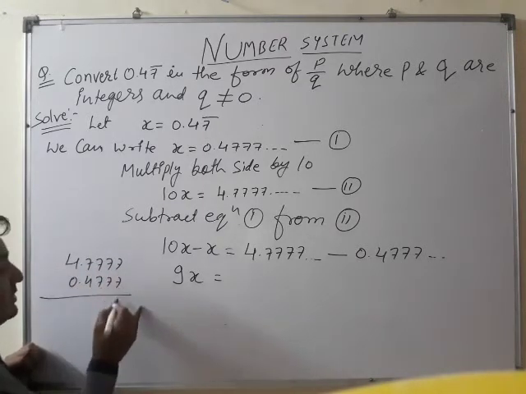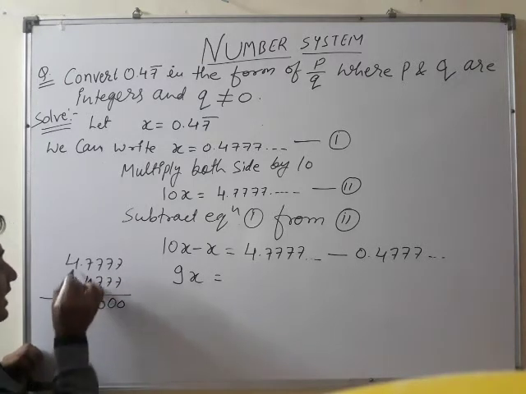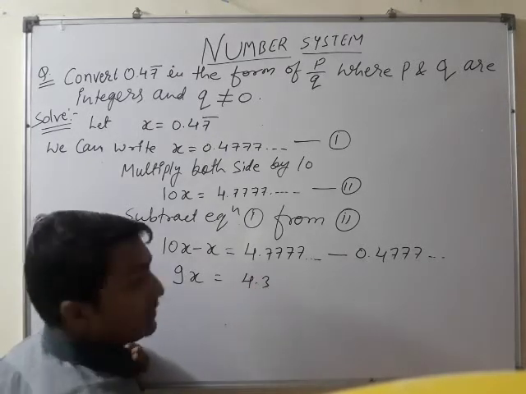Now it will be 0, also 0, 7 minus 7 is 0, 7 minus 4 is 3, and 4 will be as it is. So our answer is 4.3.